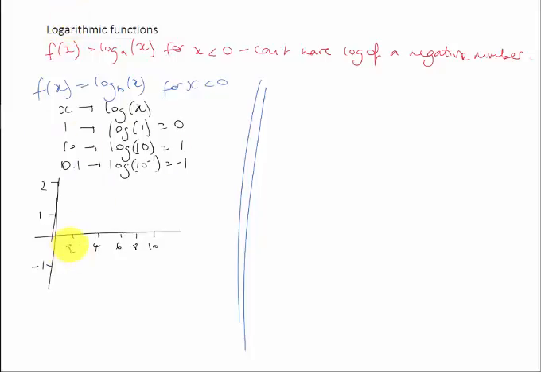This is x, and this is the logarithm. So 1 gives us 0, 10 gives us 1, and then 0.1 all the way back here gives us minus 1.